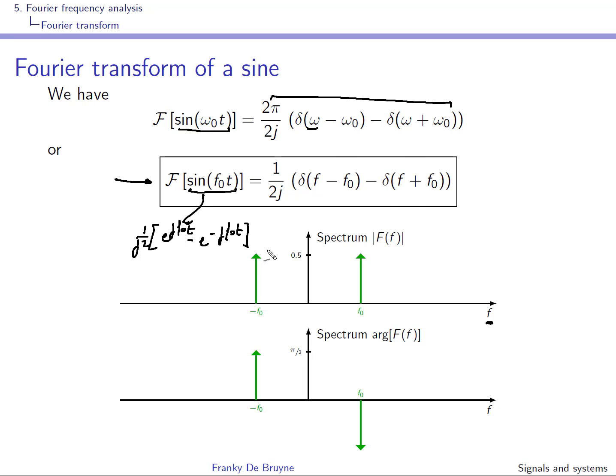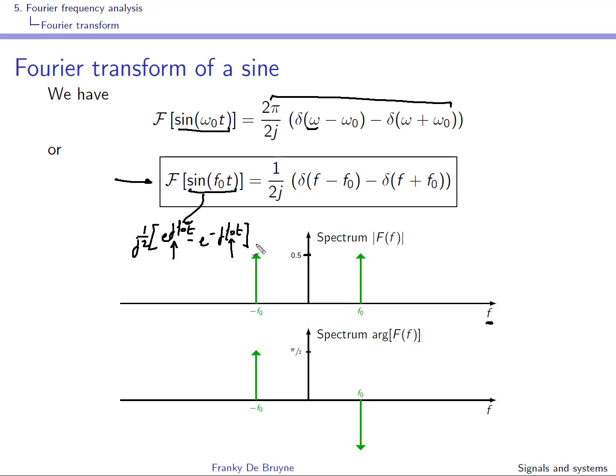So if you take the modulus, the amplitude spectrum, you see the half over here, and you see indeed energy at f0. This is coming from this phasor that is rotating counterclockwise, and energy at minus f0, this is coming from this phasor that is rotating clockwise.